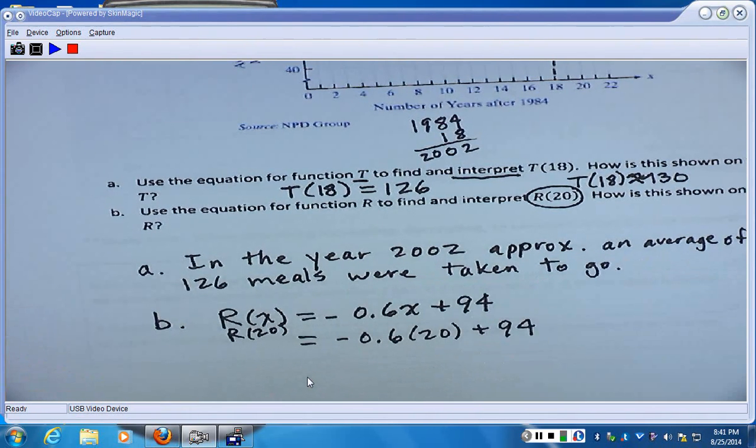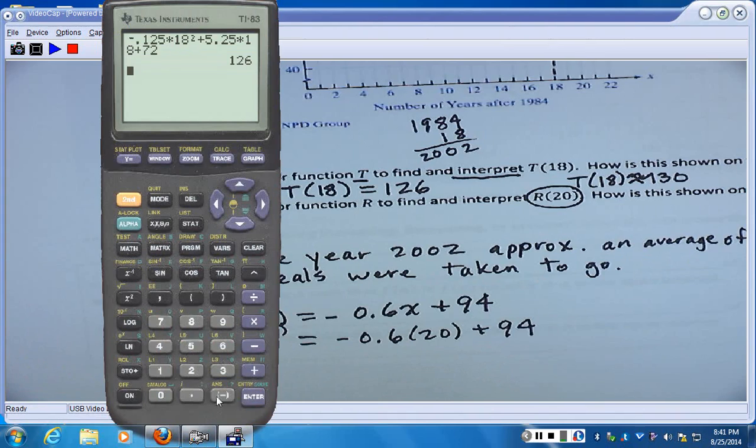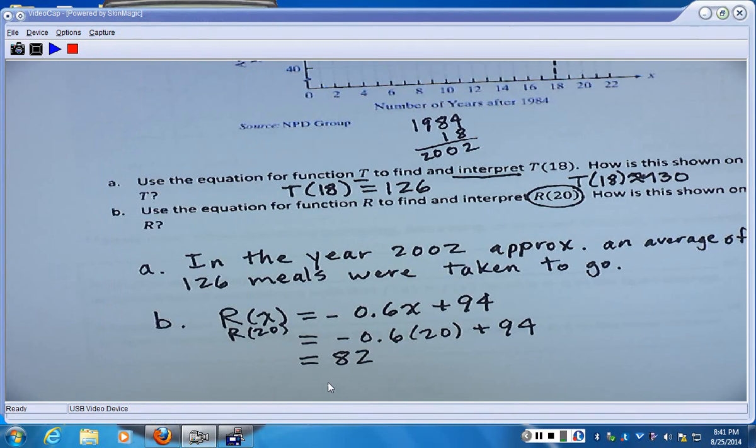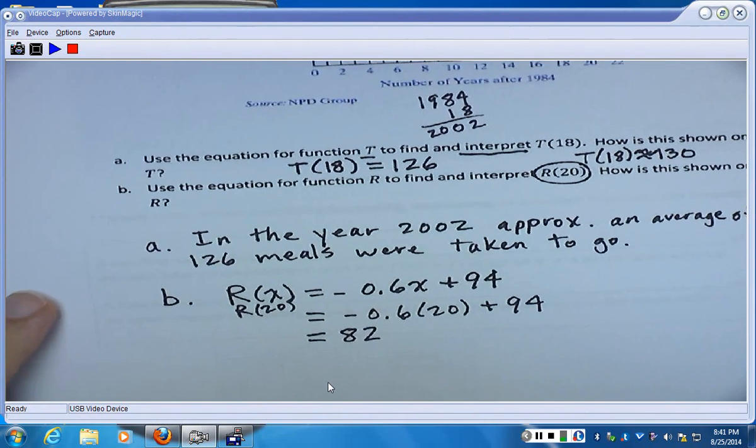We'll just do that on our calculator. Times 20 plus 94. And that's 82. Okay, so what does that mean? 20 would be 2004.